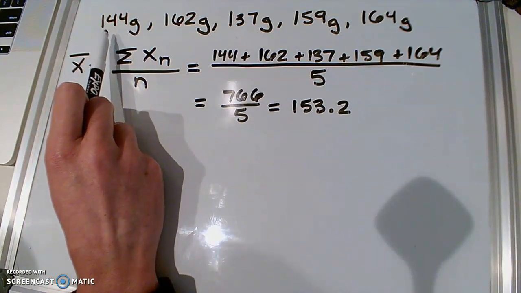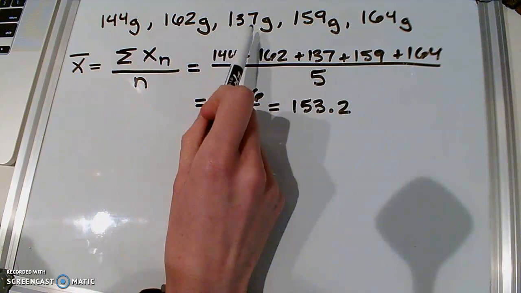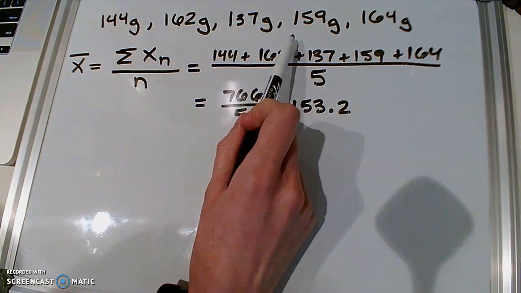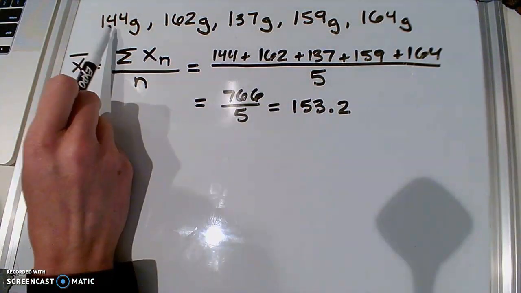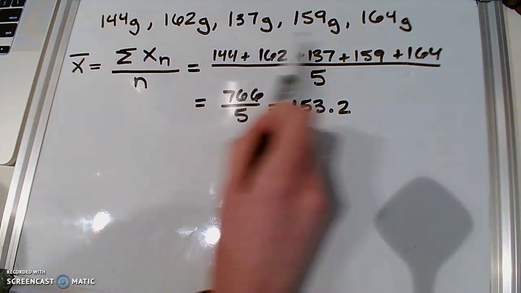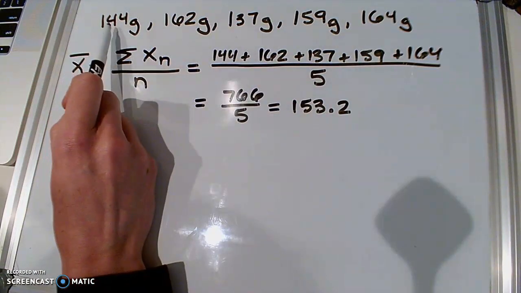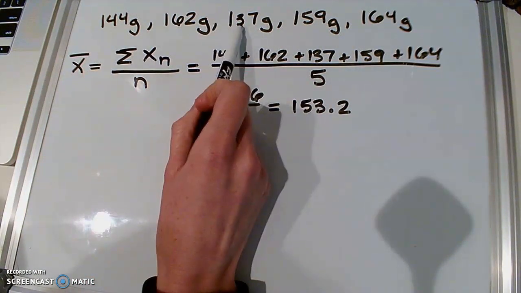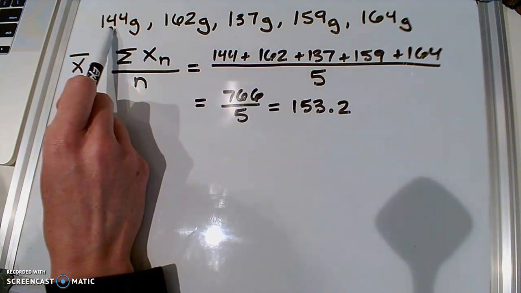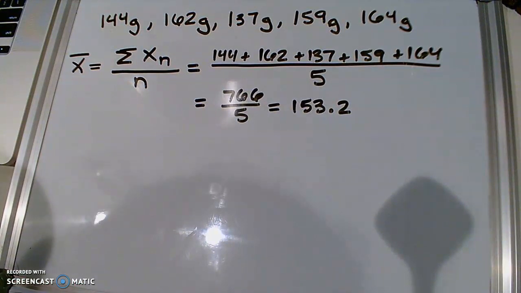You can see 144, 162, 137, 159, these values are not very similar, and they are all changing right here at this digit. They're all 100 something, but then we have 40, 60, 30, 50, 60. So it's this digit that's changing the most in these values. So our standard deviation hopefully will reflect that.